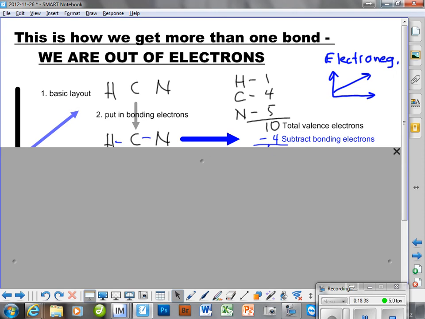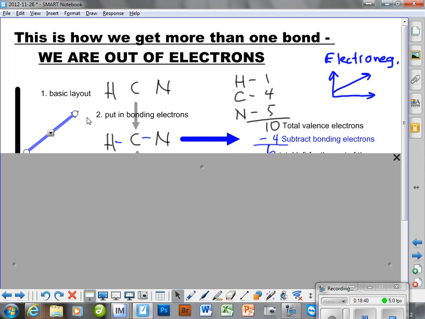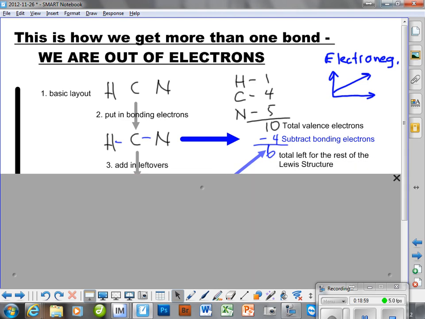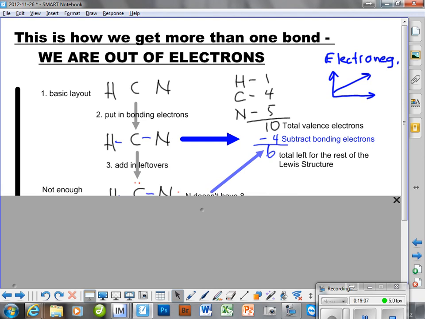And to take care of our numbers requirements, we look over here and we see that we have lost 4 electrons, not lost, but we've already put them into the structure. And so our net left to pass out is 6. So let's go on down. We're going to add in the leftovers, and this arrow is pointing at the leftovers over here. So let's go ahead and put those guys in.